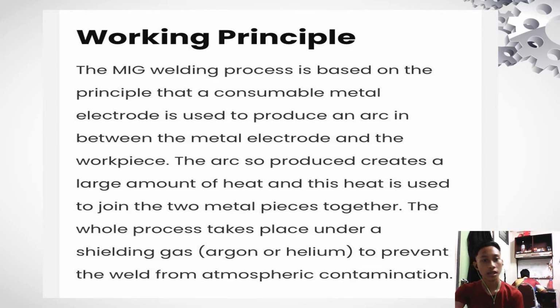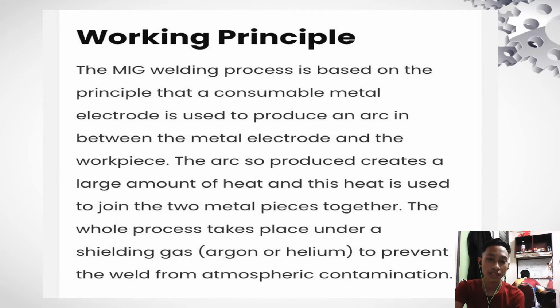Working principle. The MIG welding process is based on the principle that a consumable metal electrode is used to produce an arc between the metal electrode and the workpiece. The arc so produced creates a large amount of heat, and this heat is used to join the two metal pieces together.